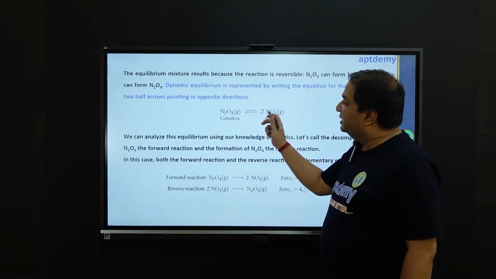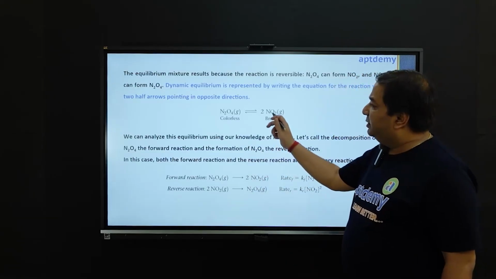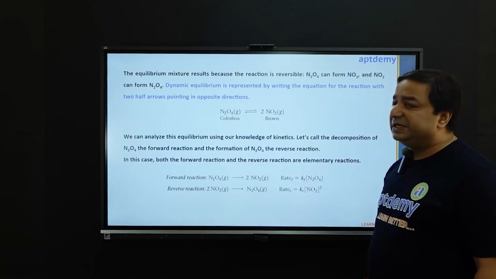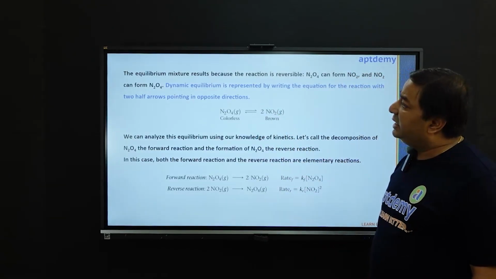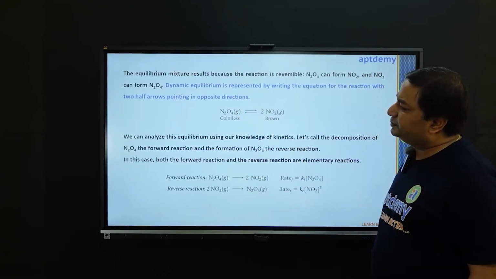And in the reverse direction, we use another half arrow from 2NO2 going to N2O4, representing that the process is reversible in nature and it is in dynamic equilibrium.